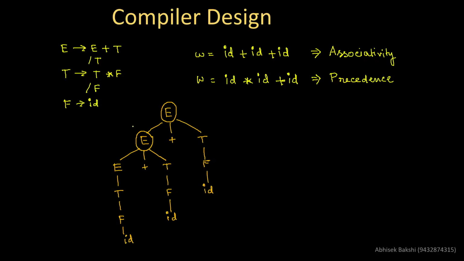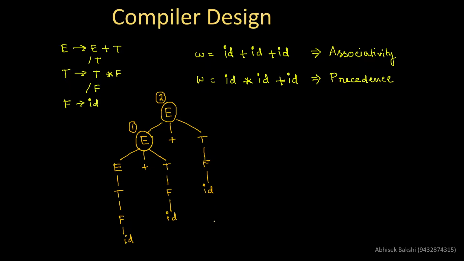So this is number one computation, this is number two, and this particular string is generating id plus id plus id like this. Accordingly, what you can see here is that the left plus is executed first, then the right plus, right?